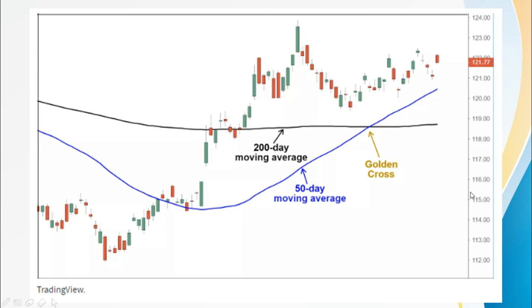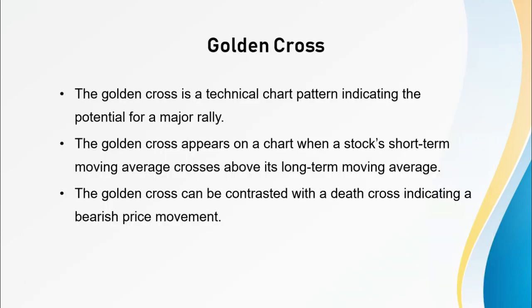This chart was sourced from TradingView. That's a completely free charting platform which you can also use for looking at the daily candlestick charts and other chart patterns to analyze the market. As you can see, once you apply both of these moving averages on a chart, you can get a clear picture of what a golden cross will look like.